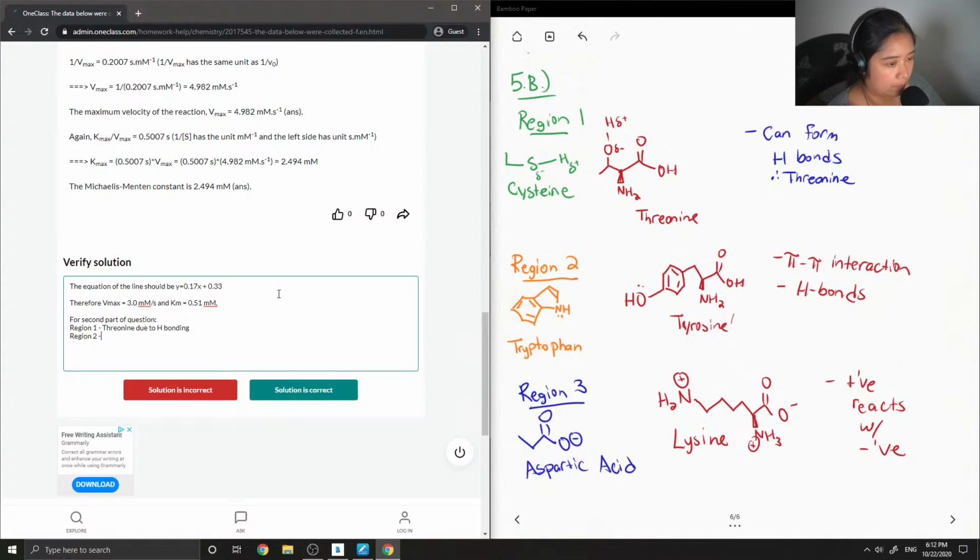Region 2, tyrosine due to H bonding and pi-pi interactions. Then region 3 would be lysine due to positively charged, and reacting with the negatively charged O.